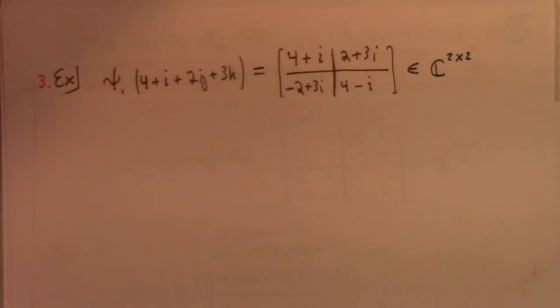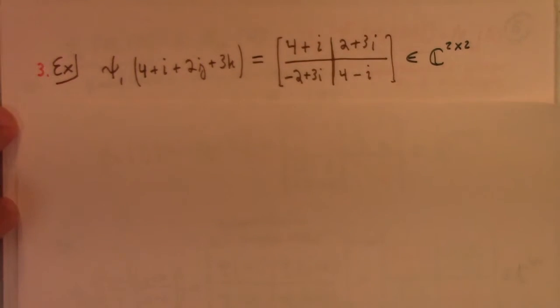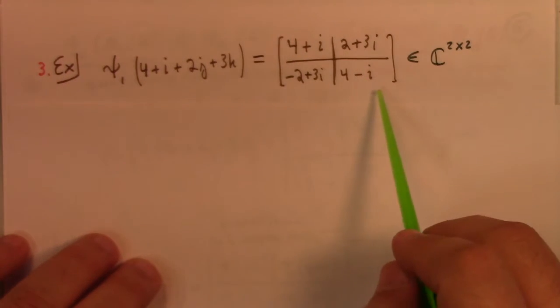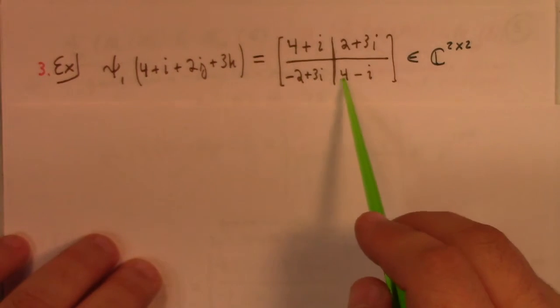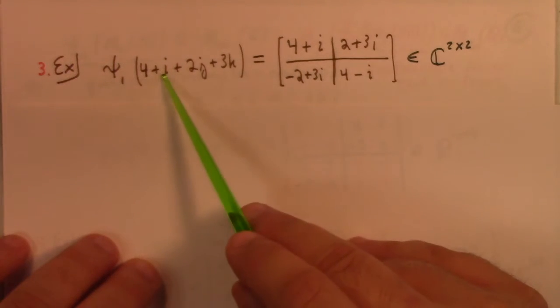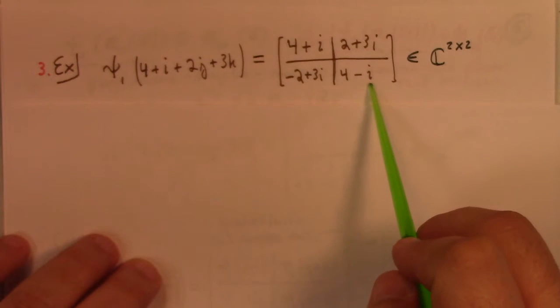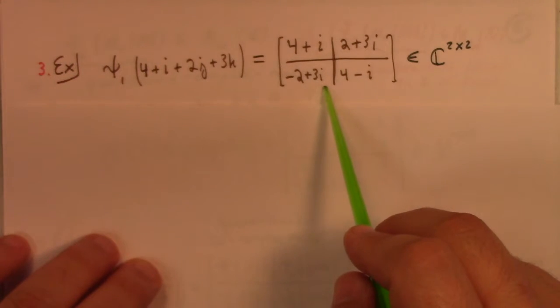Example 3 for psi 1 of that quaternion, 4 plus i plus 2j plus 3k. I'm following the formula I wrote on the other page, but basically I have the real component here, plus the coefficient, which is 1, i, minus the coefficient, which is 1, so it's like a plus bi, a minus bi, this is c plus di, this is minus c plus di in the language of the other page.